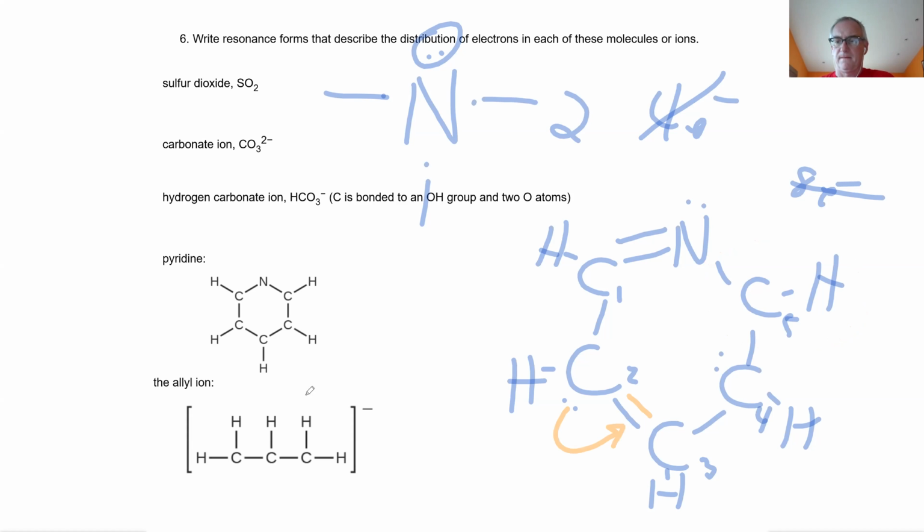Those 4 electrons go on to 5, and they make a double bond. So then we get rid of the lone pair. Now we look and see, does everybody that needs an octet have an octet? The hydrogens obviously are fine. Do all the carbons have a sufficient number of electrons now?